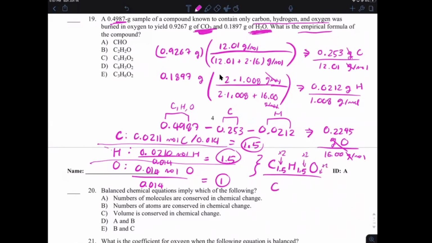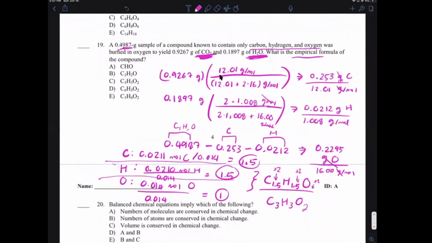And we just get C3H3O2. And yep, that's an option. It's C. So the answer to 19 should be C. Yeah, hopefully that makes sense. Are there any other questions?